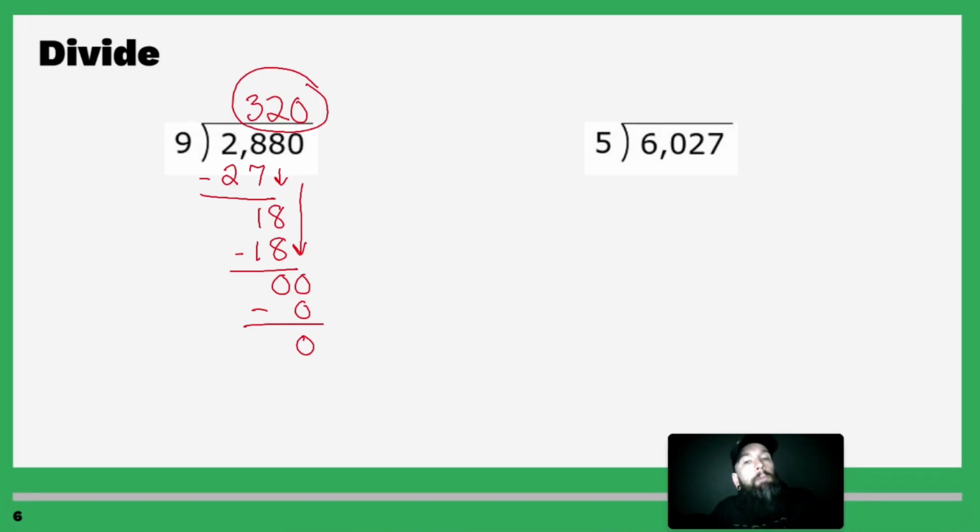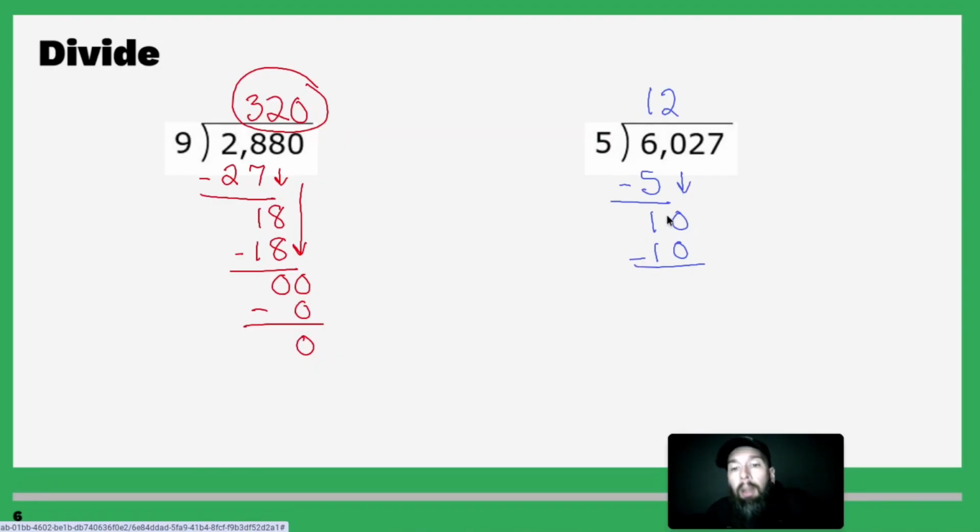Okay? 320. Let's do another one. 5 goes into 6 1 time. 1 times 5 is 5. Subtract. 6 minus 5 is 1. Drop down the 0 to make it a 10. 5 goes into 10 2 times. 2 times 5 is 10. Subtract. 10 minus 10 is 0.